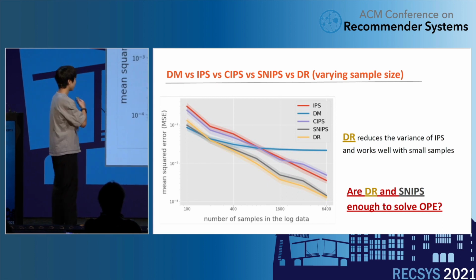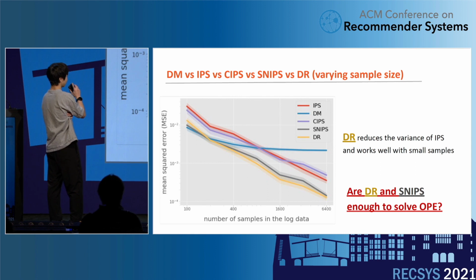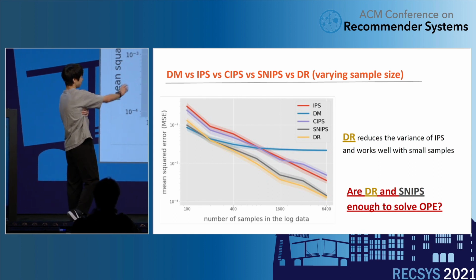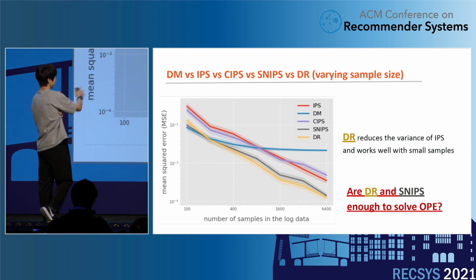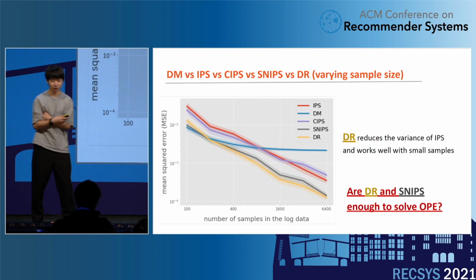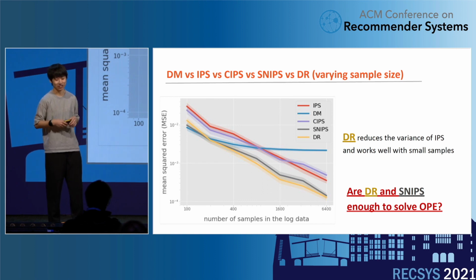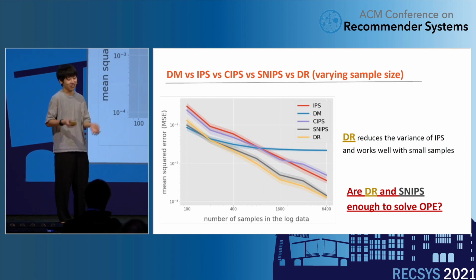So what I mean here is that, look at this result. Actually, these estimators are doing great. That's true. But there are some other settings where these estimators can drastically fail. So we have to be careful about drawing too simplistic a conclusion from one toy synthetic experiment.